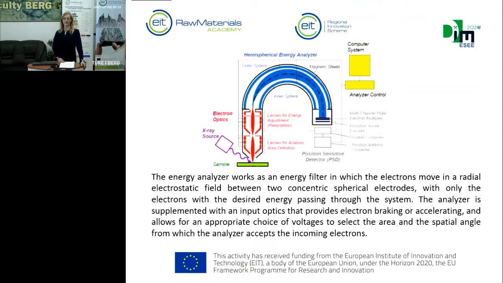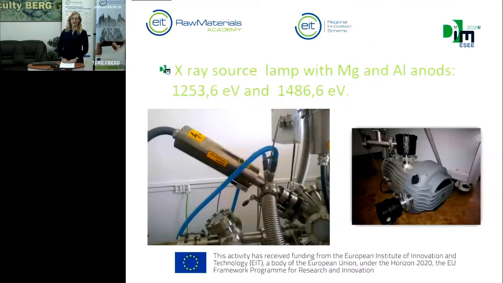The analyzer is supplemented with an input optics that provides electron braking or accelerating and allows for an appropriate choice of voltages to select the area and the spatial angle from which the analyzer accepts the incoming electrons. In practice, the basic parts of the XPS device you can see in this picture.